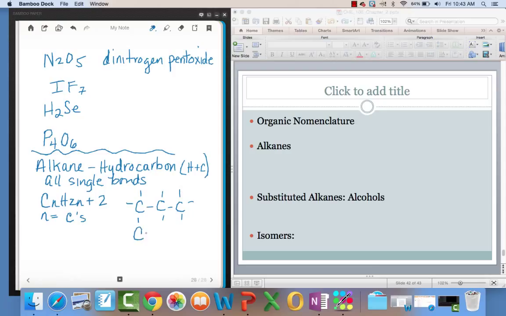So this is C3H8. If I wanted to name it, the prefix for 3 is prop, and it's all single bonds. So that means it's an alkane, and it's going to end in ane. So this is propane.